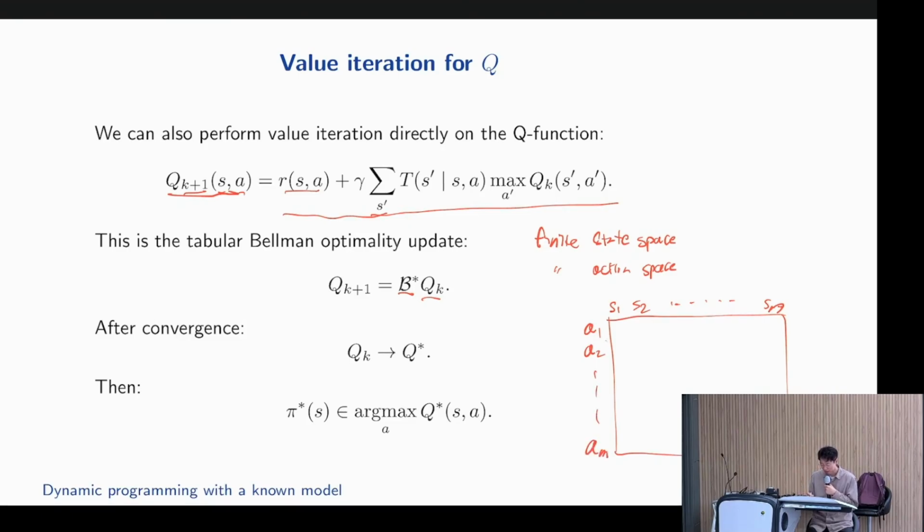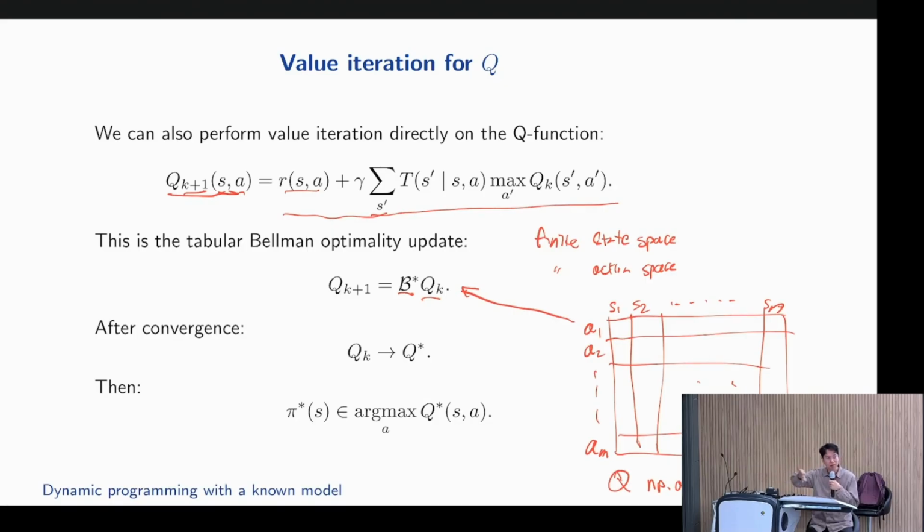So we have in memory just a 2D array. Just think about it as a NumPy array, two-dimensional.